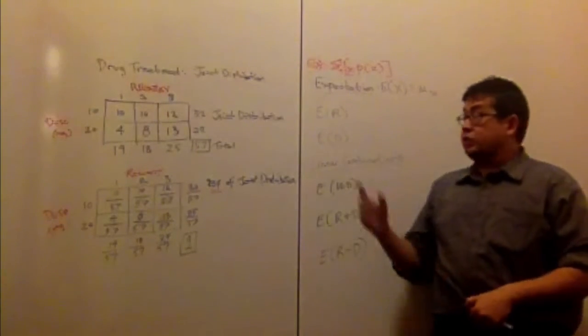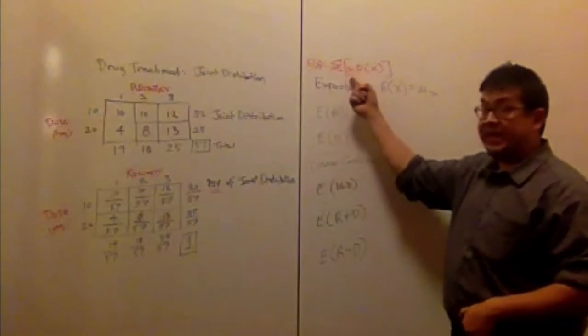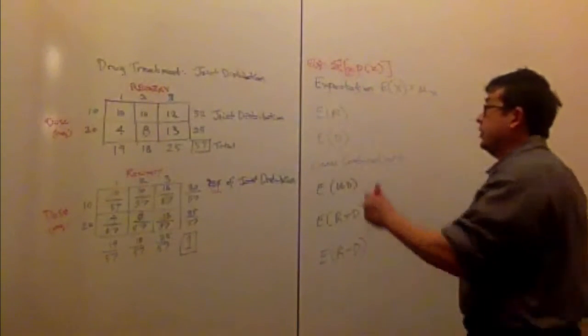So with respect to the recovery ranks, 1, 2, 3, those will be my x values.